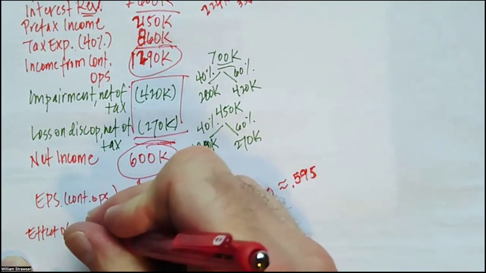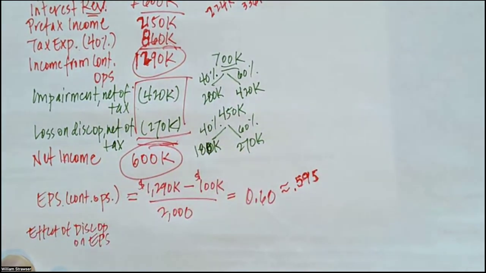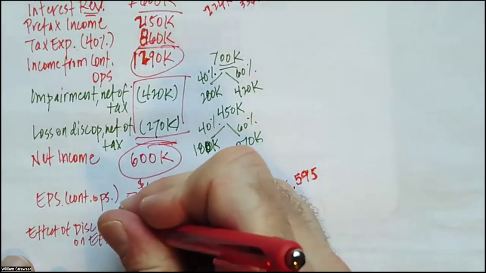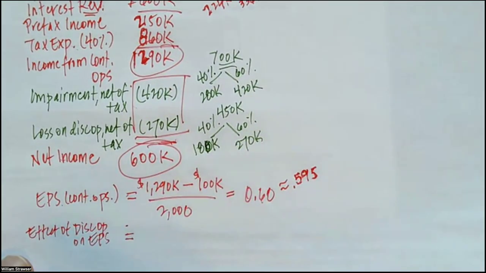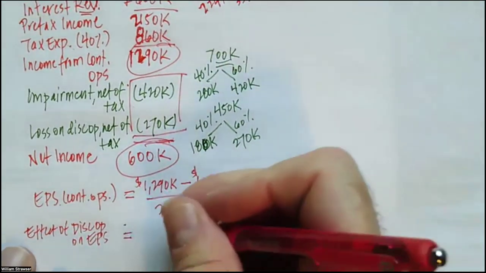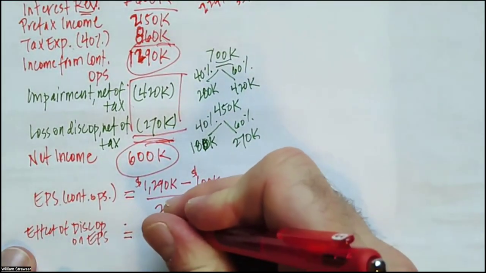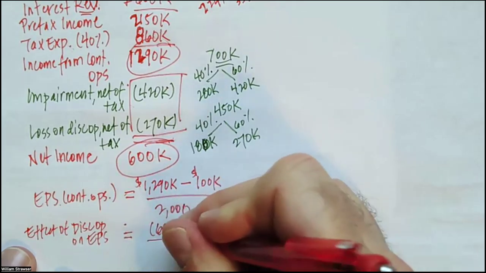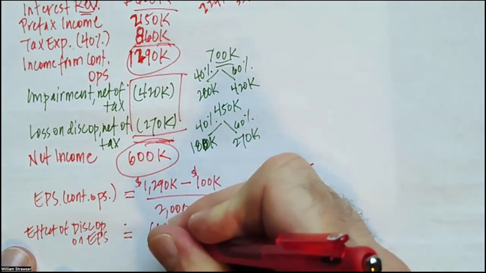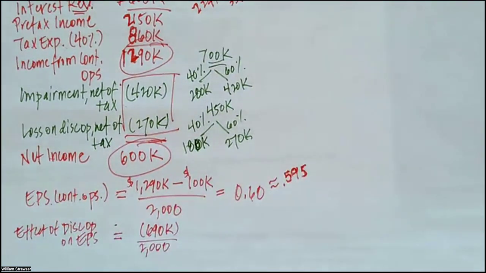So we have basically the effect of the disc ops on EPS. This is not an EPS in itself, it's a change in the EPS that was brought about by our discontinued operations. $690,000 of a loss in total divided by 2 million shares.